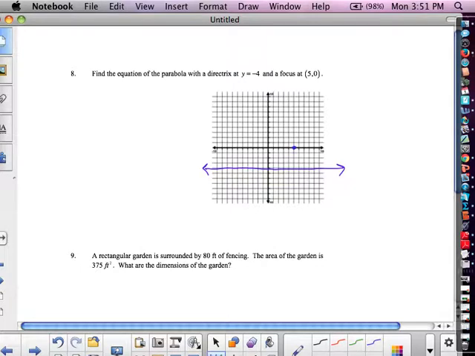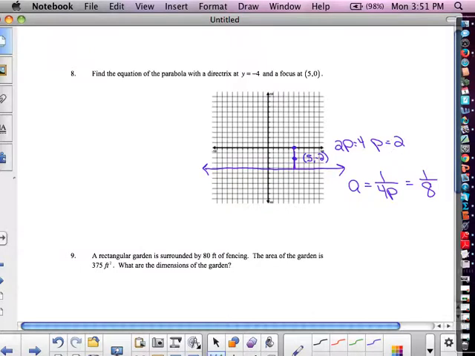Okay, so the distance from the focus to the directrix is 2p. The vertex is the midpoint. The midpoint is going to be at 5, -2. So therefore, p is equal to 2. Remember, a is equal to 1 over 4p. Therefore, a is equal to 1 over 8.